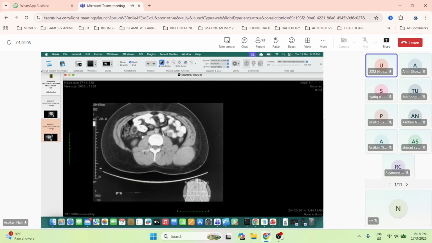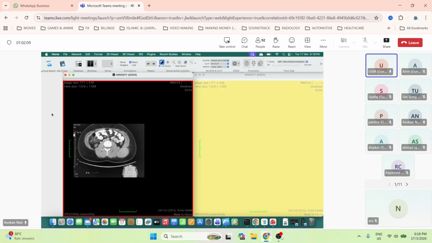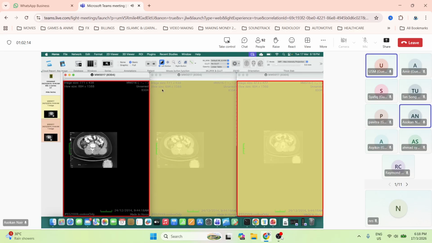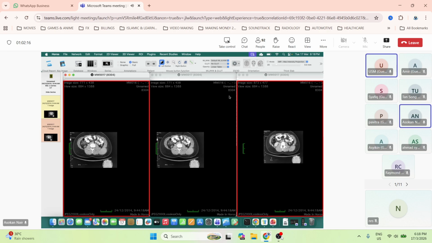Mariam from USM. There's a well-defined soft tissue density. Just a moment, there's another image coming. Too many. Let me just see which is the same.